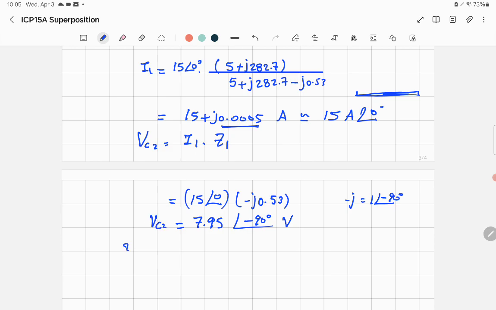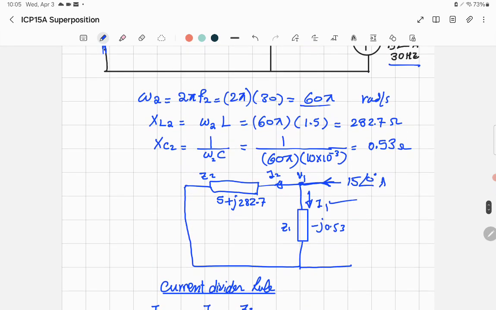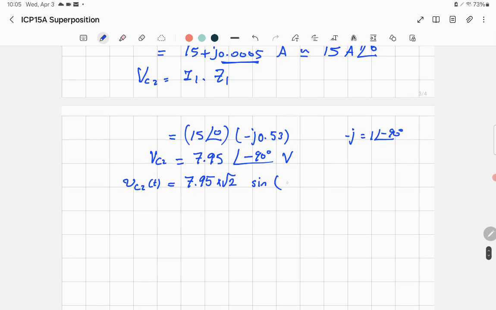I wish to convert it to continuous. So multiply by root 2 times sine omega 2t, omega in this case is equal to 60 pi. All right, that's easy. 60 pi t minus 90. Let's just evaluate the maximum value.